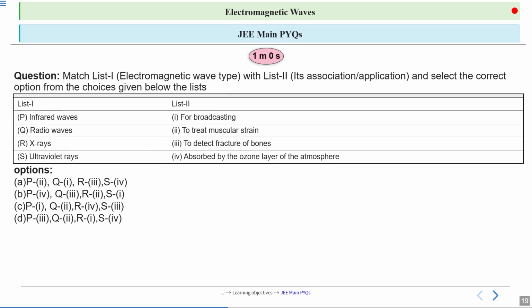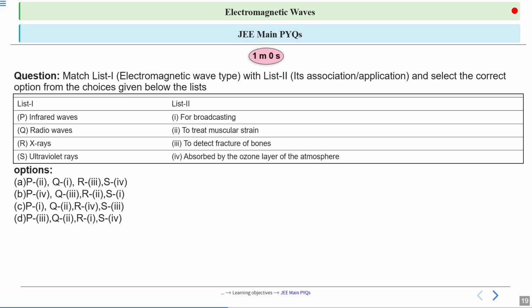So next question: match list 1, electromagnetic wave type, with list 2, its association or application. We have discussed the applications in the theory section. Select the correct option from the choices given below. List 1 contains infrared waves, radio waves, X-rays, ultraviolet.